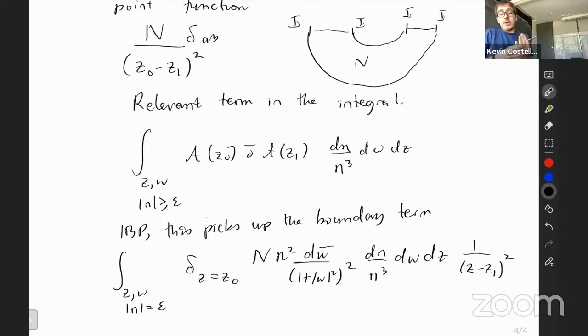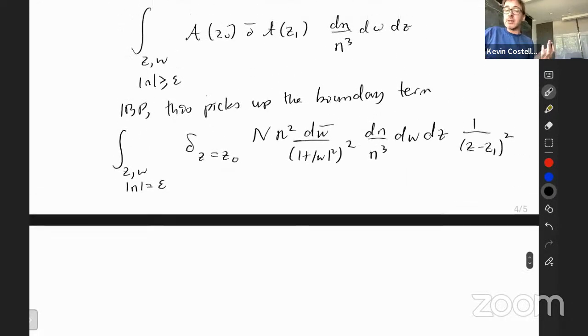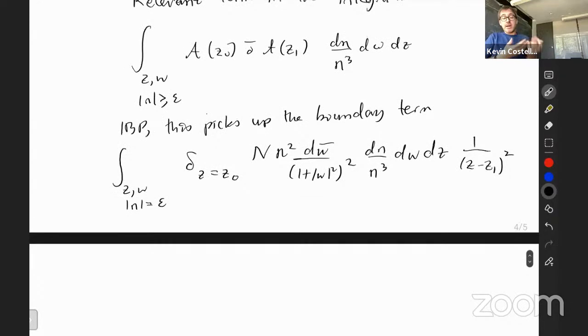Okay, so all I've done is, you notice the integral is a total derivative, so you pick up the boundary term, and we just insert all the terms, and we get something that looks like this. And now we see we get a really nice answer, because this will correctly reproduce the chiral algebra 2-point function. Why is that?